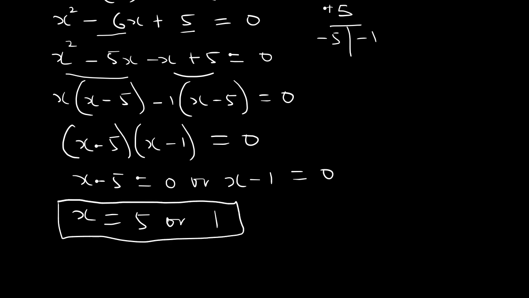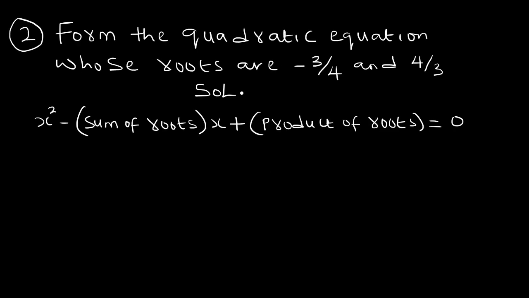So we are going to look at the second question. The second question, form the quadratic equation whose roots are minus 3 over 4 and 4 over 3. Now using the same formula, now we'll find the sum. Our sum will be equal to minus 3 over 4 plus 4 over 3.